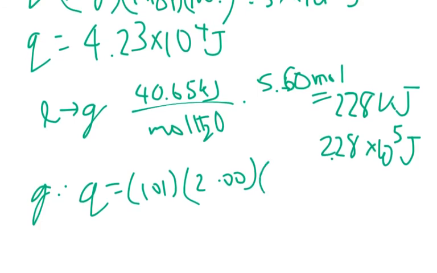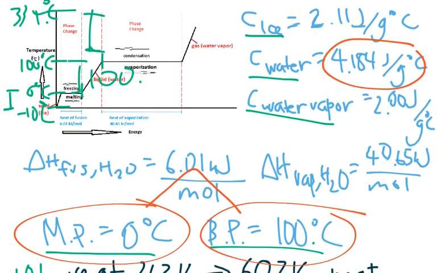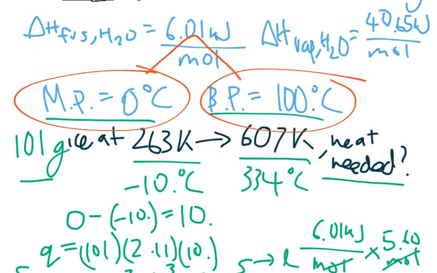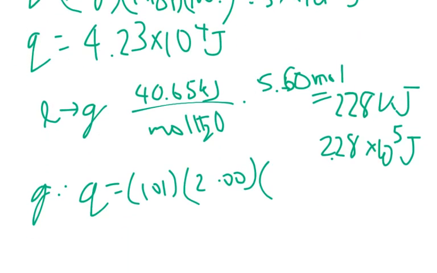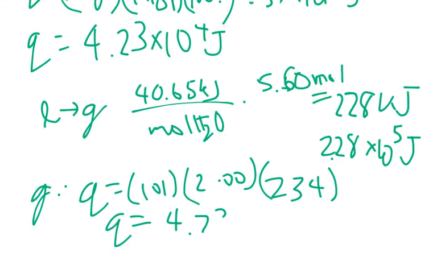And the delta T is going to be, well, I think I wrote it up there. No, I didn't write it. Well, I said it. So it's going to be 234. And that means that the Q, when you're heating it up as a gas, is going to be 4.73 times 10 to the 4 joules.